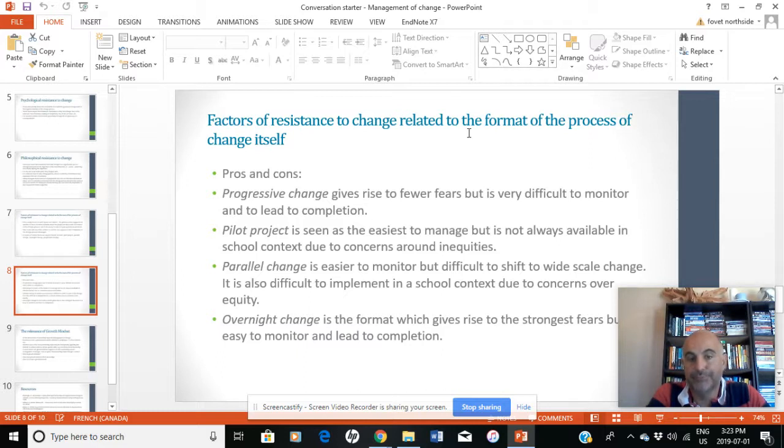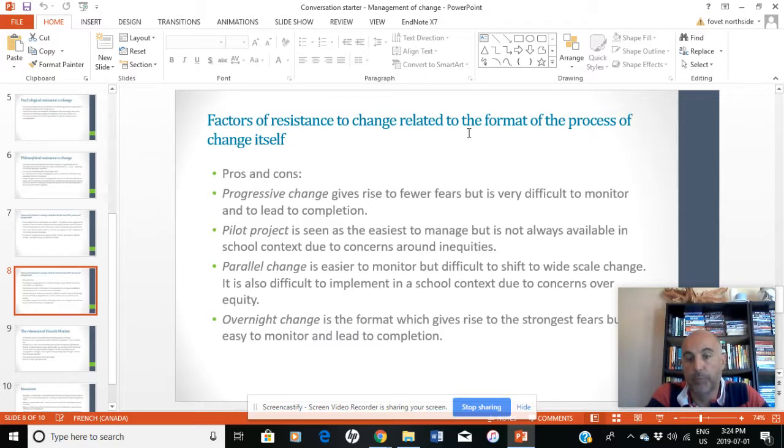Parallel change is easier to monitor, but difficult to shift to wider scale. People often think this will be easier, but there's the definite problem of possibly getting stuck with part of the organization having successfully operated change and then still not finding enough motivation and support to go on to the next. And this is really the worst case scenario, when you end up with a split organization where part of it has operated change, the other hasn't.